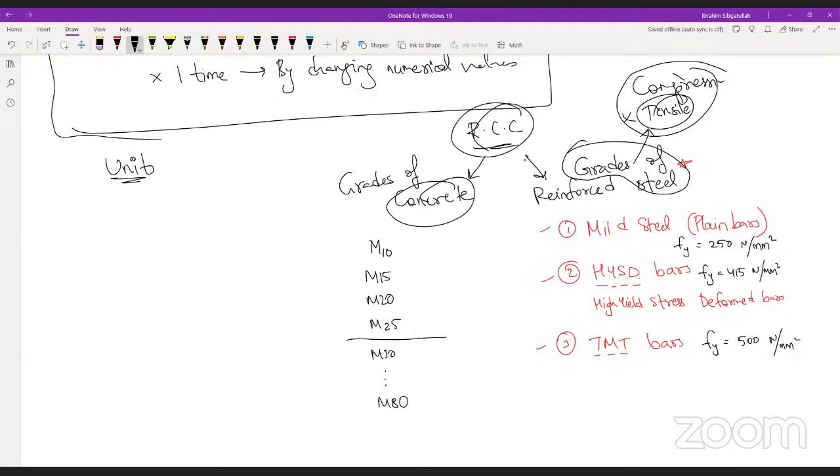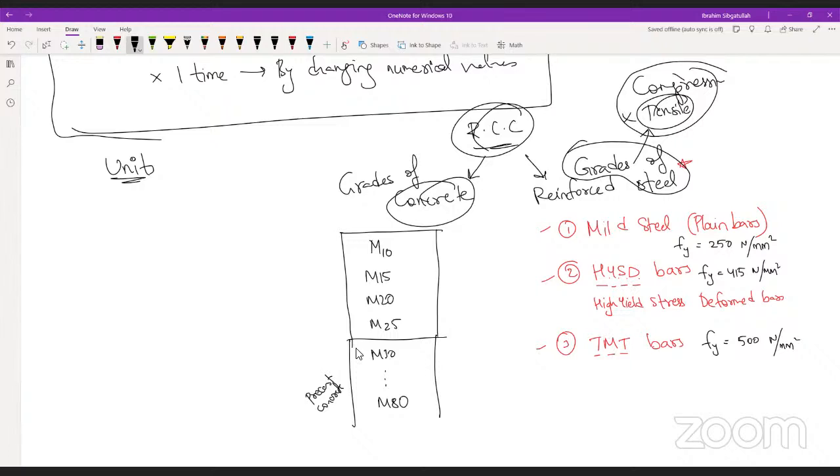But in RCC structures, we will be using concrete only till M25, because beyond M25, which is M30, 35, 40, like that, these are precast concrete. These are computerized ways of making the grades. So we will not be focusing upon them. We will focus upon M10, M15, M20, and M25.